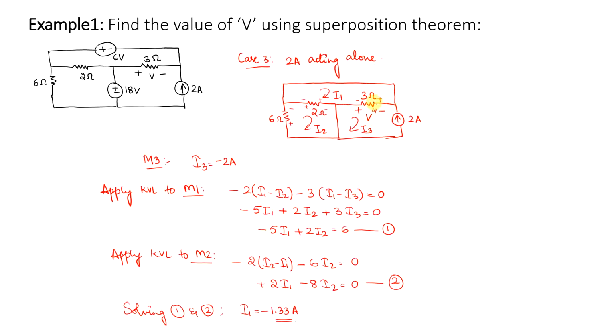Now if you look at this voltage V triple dash, the current that is flowing across the resistance 3 ohms is having an opposite polarity with respect to the current I1, right? This current I3 is fine, but current I1 is opposite, right?